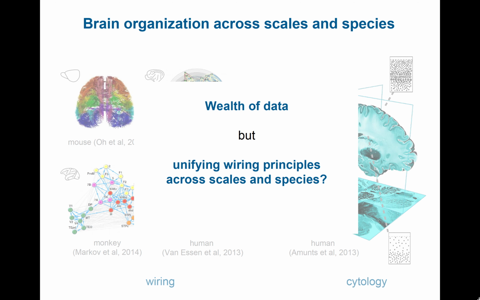Namely, given that we have this wealth of data, what is a parsimonious set of principles that can describe in a numerologically informed way these different scales of organization and uncover potential unifying threads that bind these observations across different species?